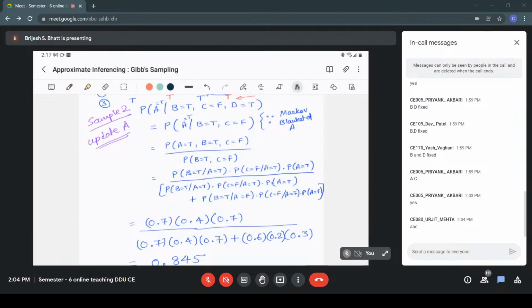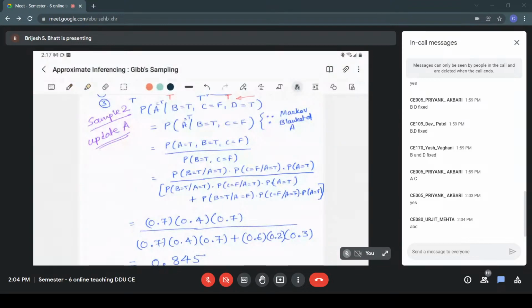Sir, yes, here we can see in the numerator probability of A, B, and C. Here B and C are conditionally independent when A is given, and in the denominator, B and C are marginally dependent. So we have to expand like that only.